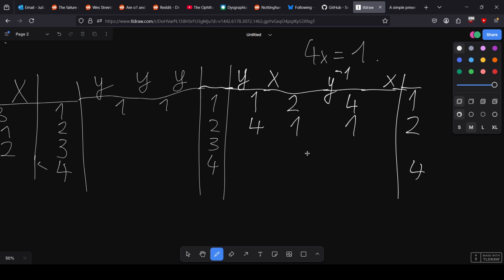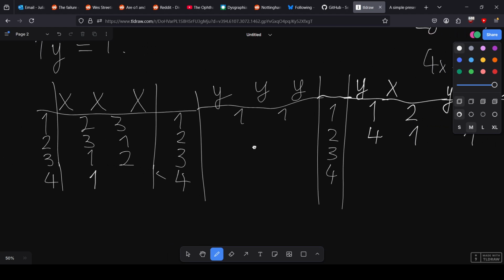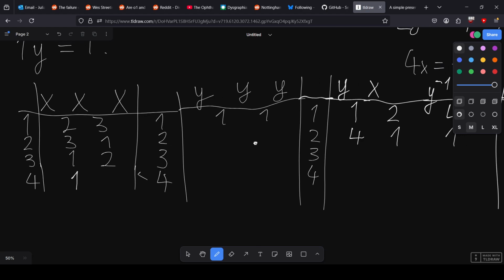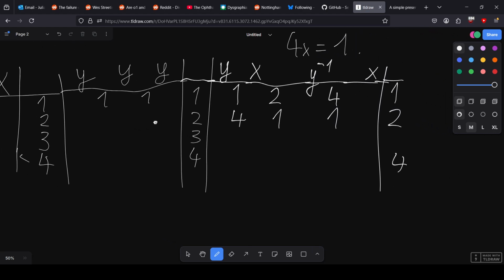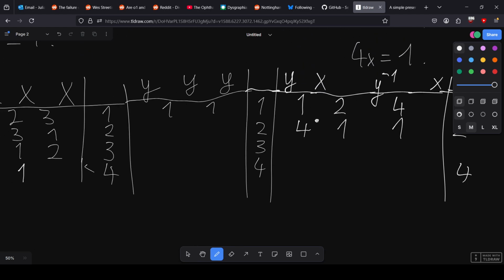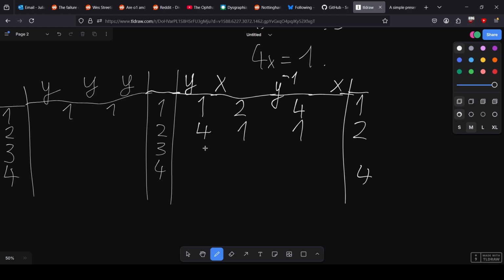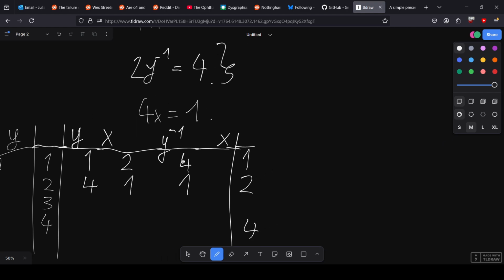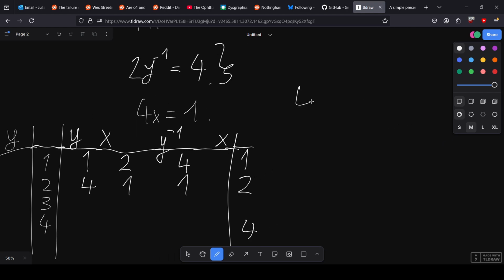Let's see. So, first of all, 4x is equal to 1.